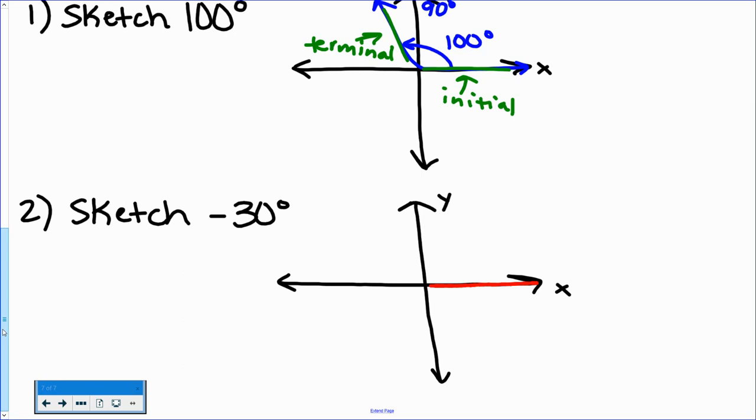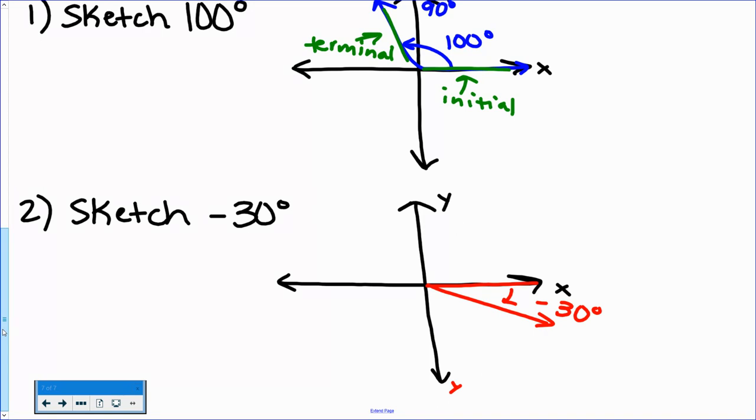So we start here, that's considered 0 degrees. I need to travel down approximately 30 degrees. So if it's 90 all the way to the bottom of your y-axis, this is a third of the way there. That would be negative 30 degrees.